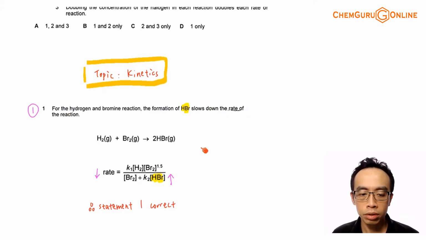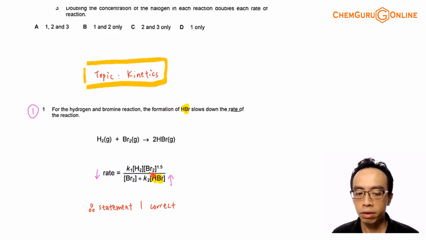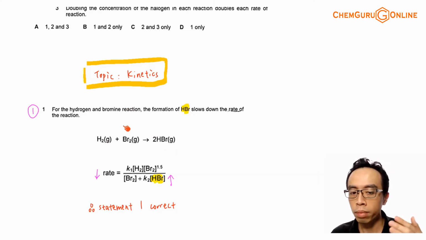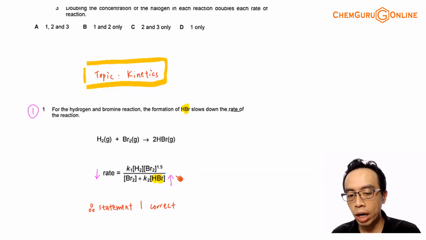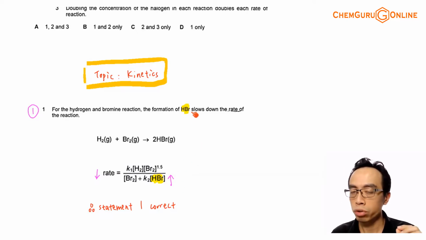Now what we can do is simply make use of the rate equation for the reaction between hydrogen and bromine. The reaction is here, H2 plus Br2 to give 2HBr, and the rate equation is given here. You notice that the HBr term is in the denominator, and therefore we can just apply this accordingly.